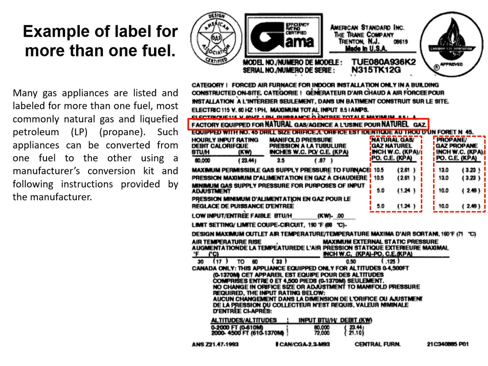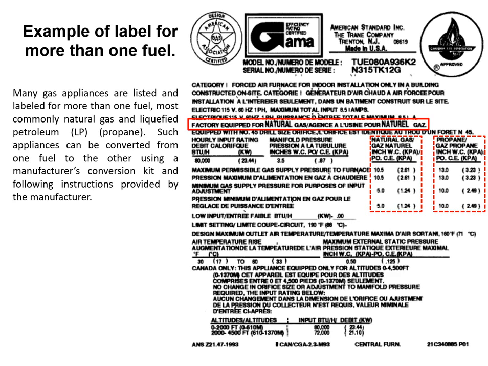The first column is for natural gas. As you can see here, we have the maximum permissible gas supply pressure allowed to be provided to this furnace. For natural gas, it's 2.61 kPa. The minimum gas supply pressure is indicated at 1.24 kPa. To the right of the natural gas information is the propane or LP information.